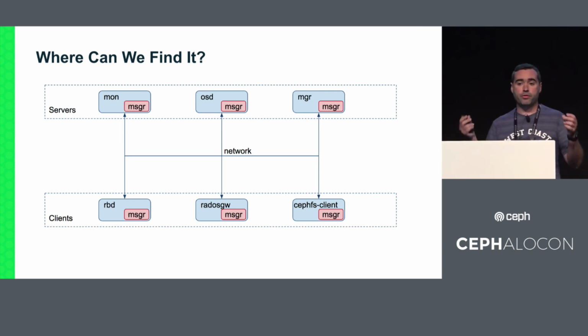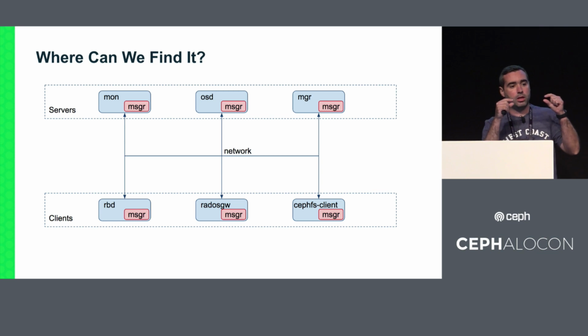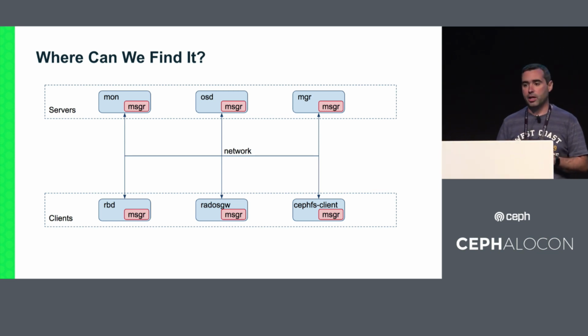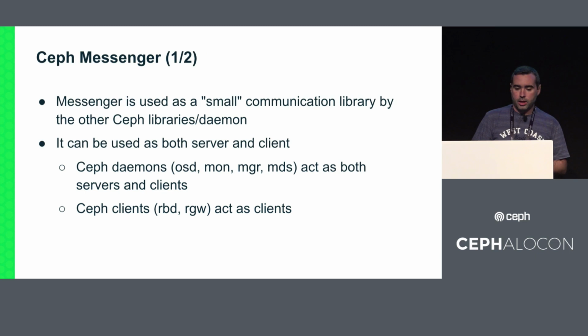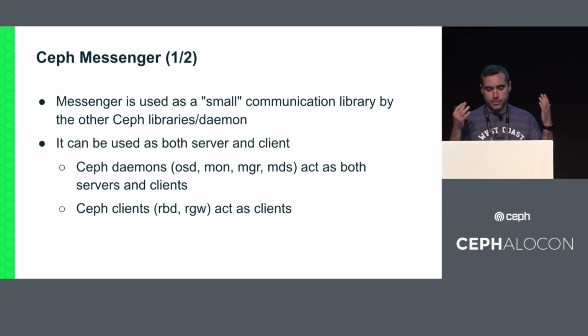All of those have this small component that allows them to talk to each other through the network. So Messenger is a small communication library that all Ceph components use to talk with each other.